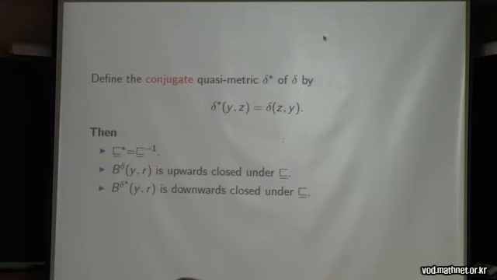The balls with respect to the metric are upward closed under the partial order, just as in the domain case. And with respect to the conjugate quasi-metric, these balls are downward closed. I mean, they are upward closed with respect to this partial order, which means they are downward closed with respect to the partial order defined by delta.